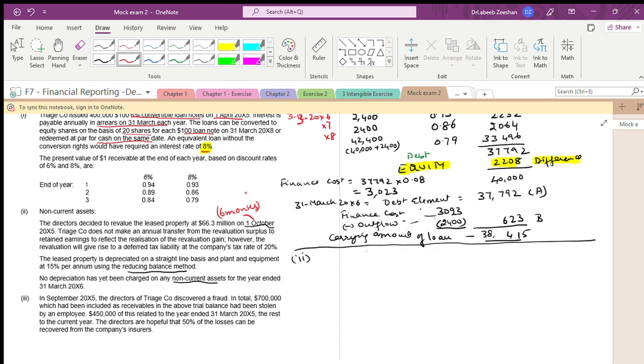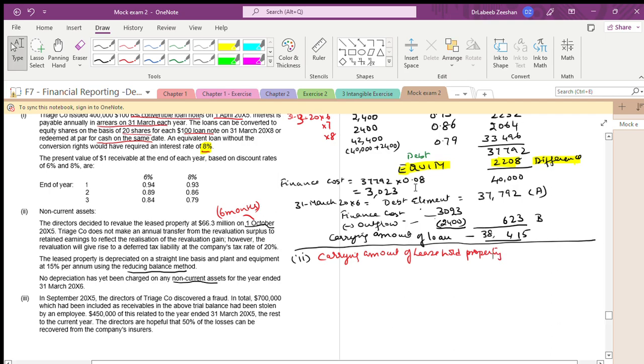Now, carrying amount of leasehold property. How much is the carrying amount of leasehold property? 75,000.